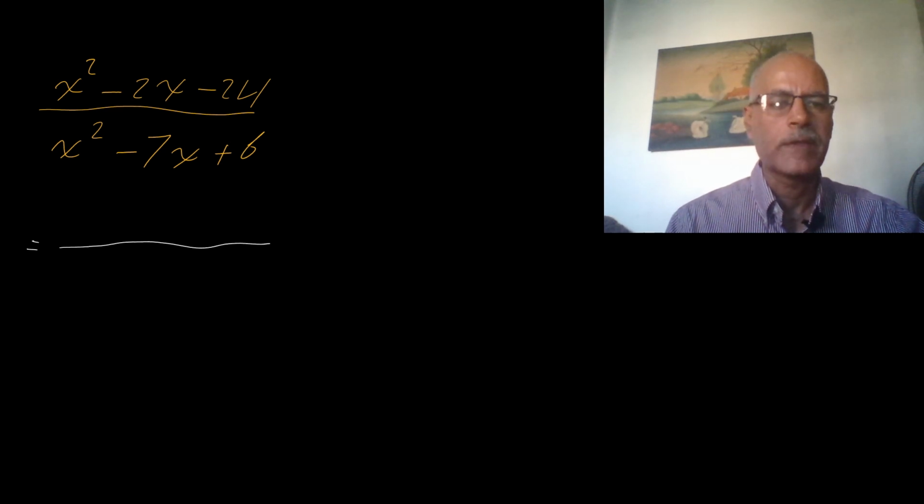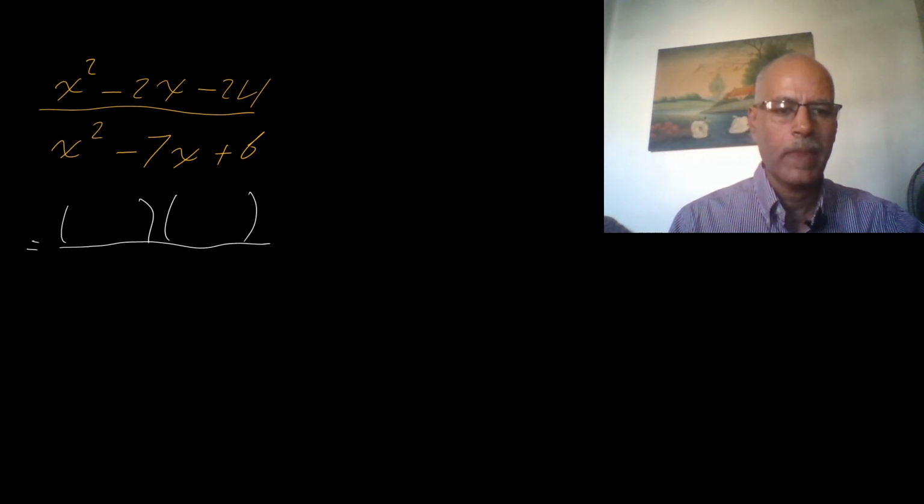Let's factorize it again. X squared minus 2x minus 24. X squared, x and x. Negative 24, it's 6 times 4.